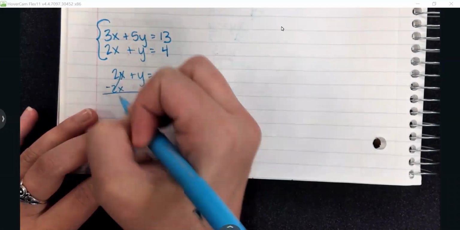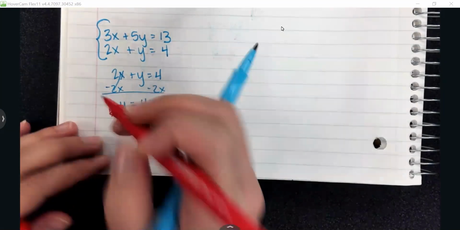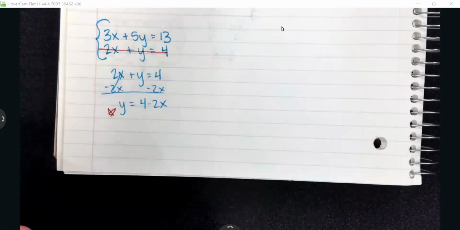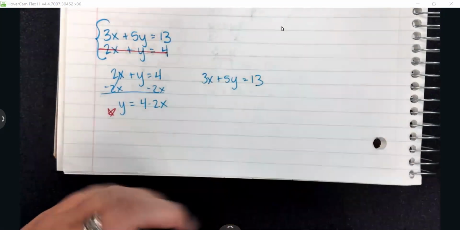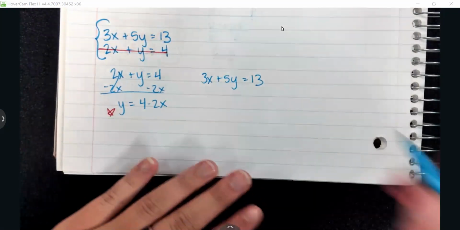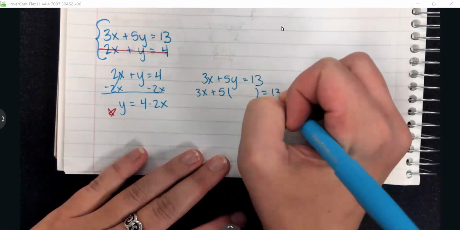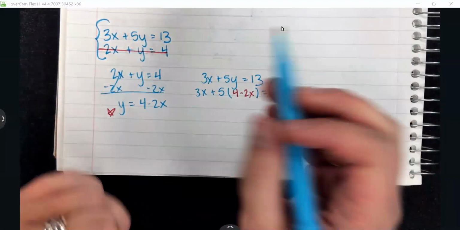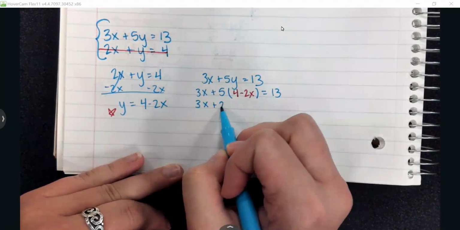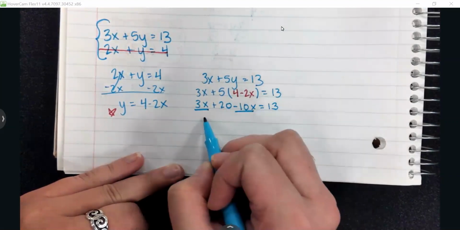Okay, so most people I saw minus 2x on both sides, and their star equation was correct, 4 minus 2x. Cross it out and use your second equation, 3x plus 5y equals 13. I'll work it out, look up, and check your answer because a lot of people are forgetting to distribute. So make sure you look up to check your answers.